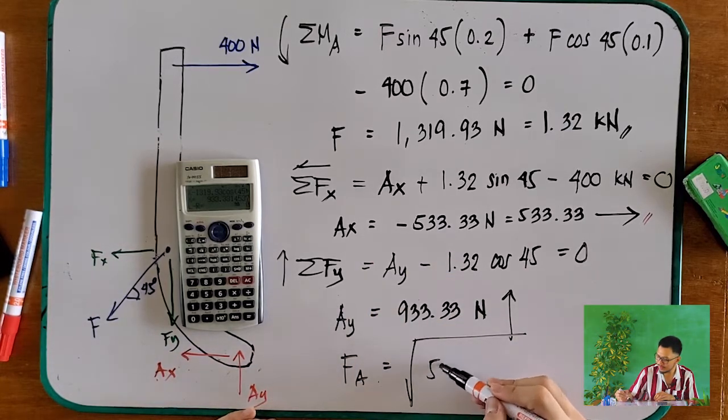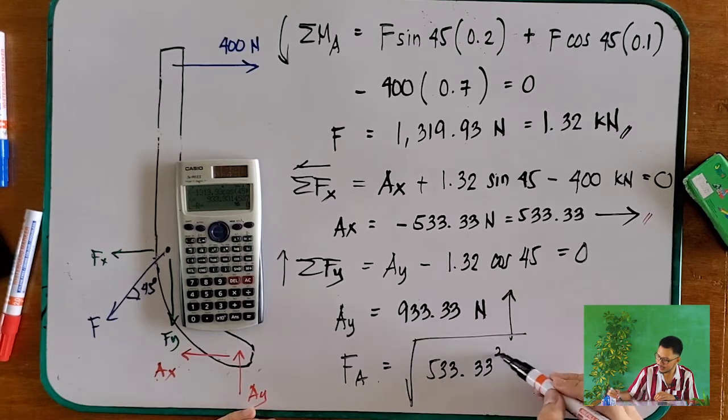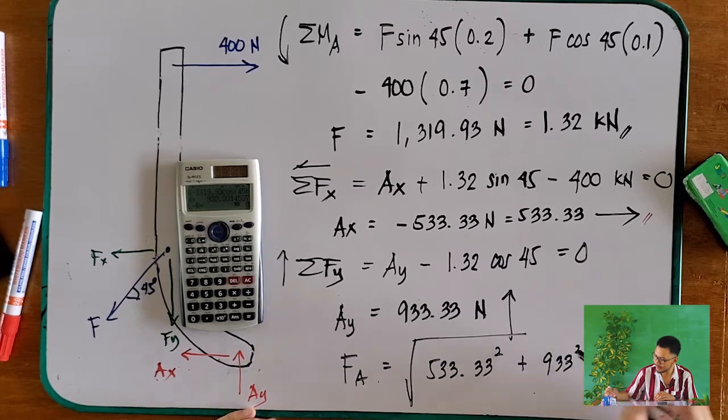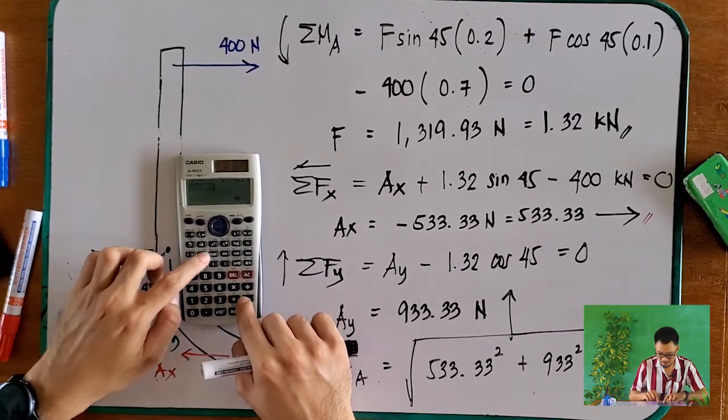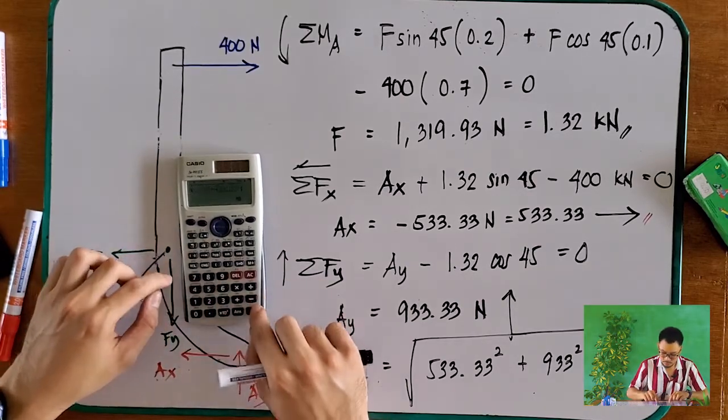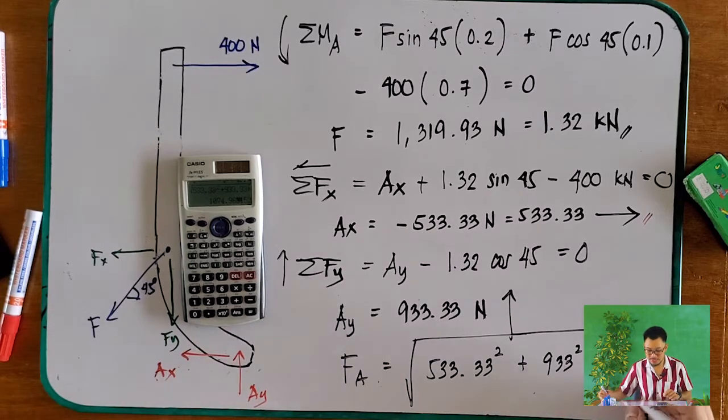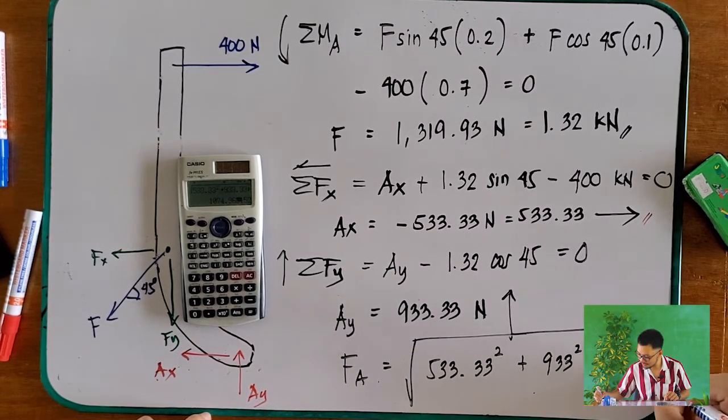So 533.33 squared plus 933 squared. So what is the answer of that one? So the answer is 1.07 kilonewtons.